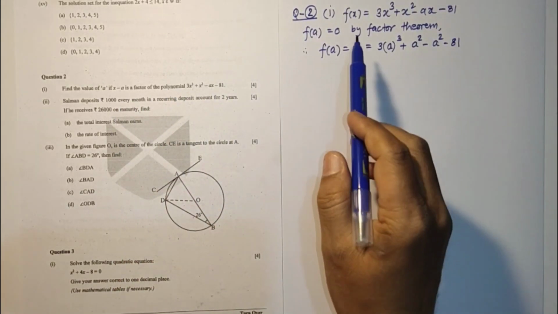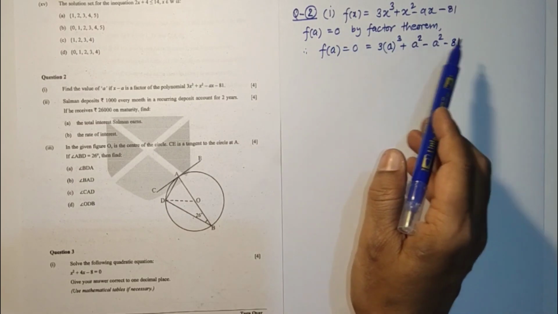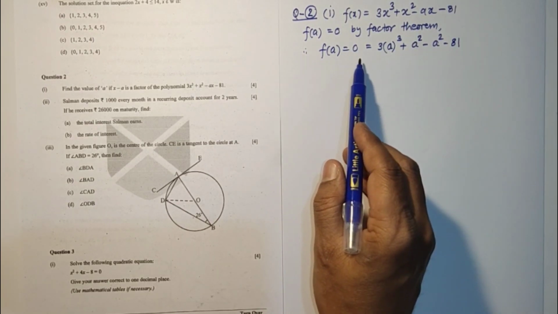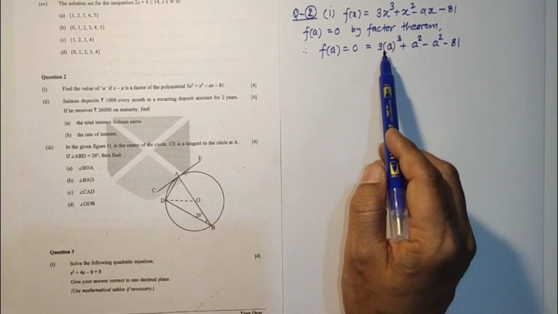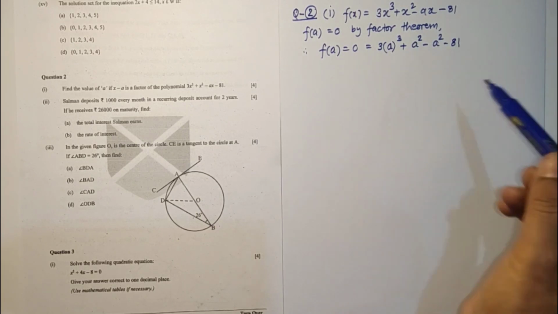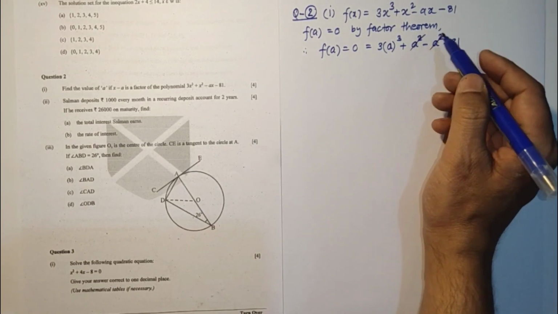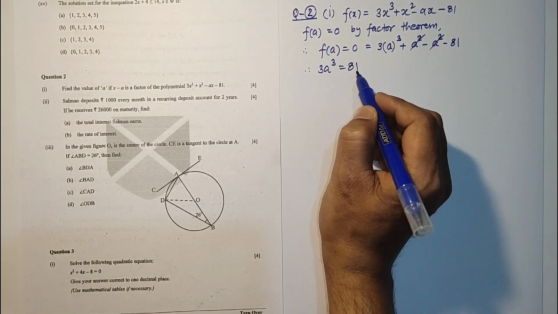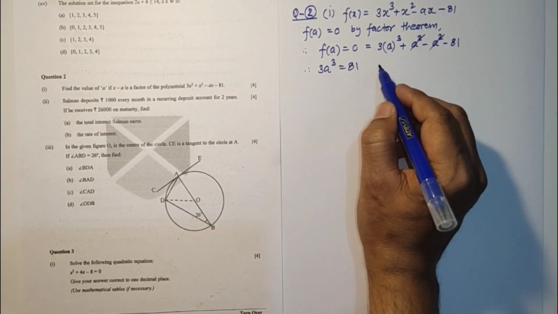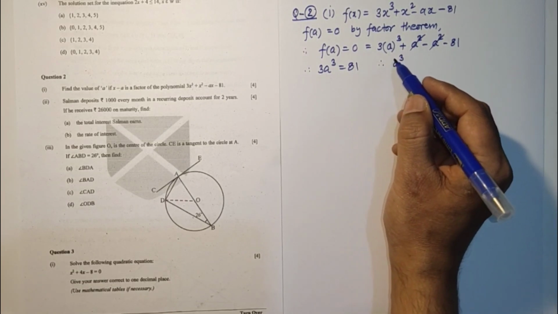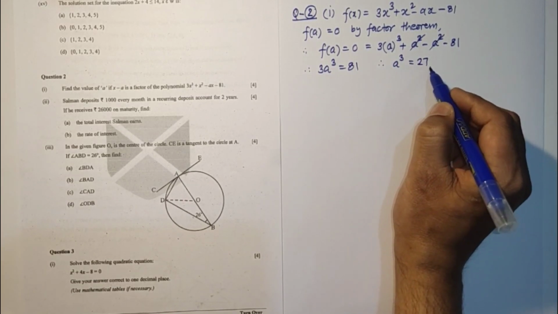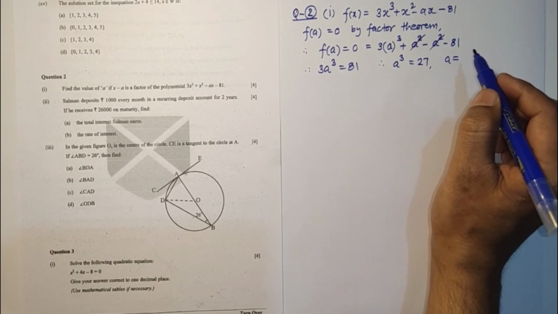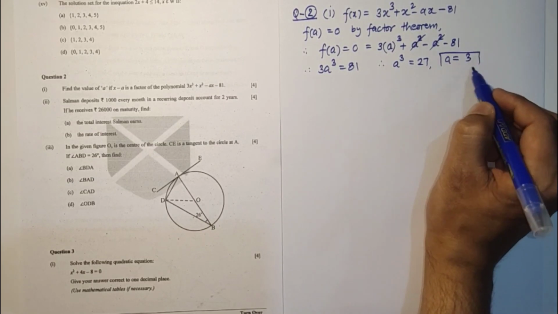Substituting x equal to a, we get 3a cube plus a square minus 81. These two will get cancelled. So 3a cube is equal to 81, because 3a cube minus 81 is 0. a cube is 81 divided by 3, which is 27. So a is equal to the cube root of 27, which is 3. So we found a as 3.